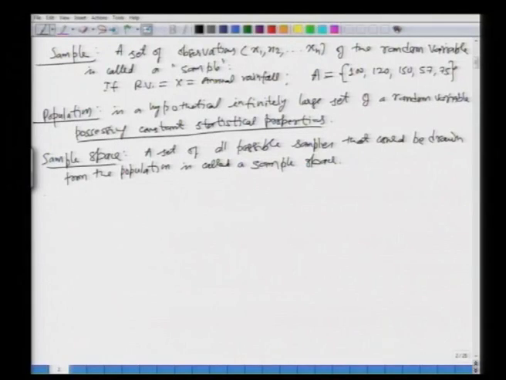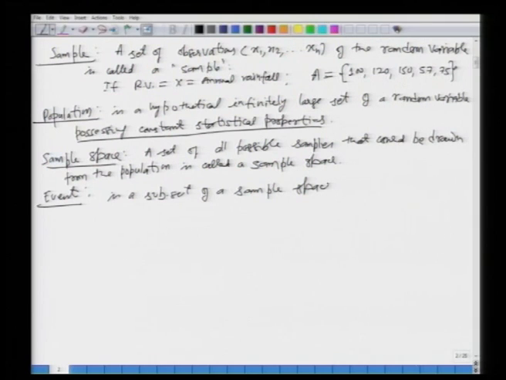Okay. Next thing is what is called an event. What is an event? Event is a subset of a sample space. All right.